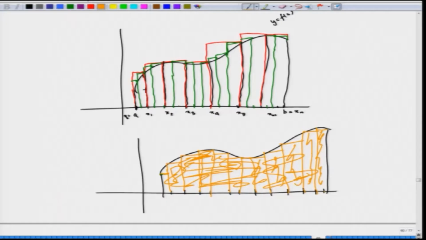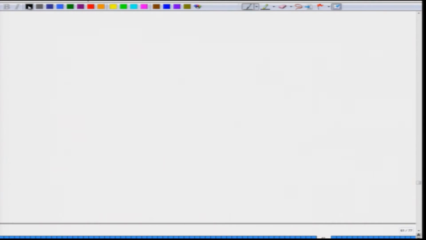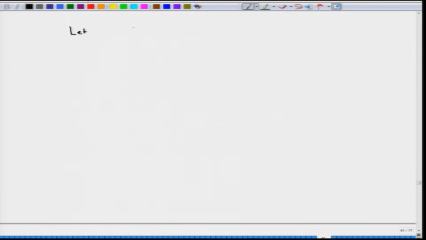So, through this process, by finally taking infinitely small lengths, we are going to approximate the area by calculating the area of rectangles. Let us formally write down what we are discussing now. Let AB be the given interval.